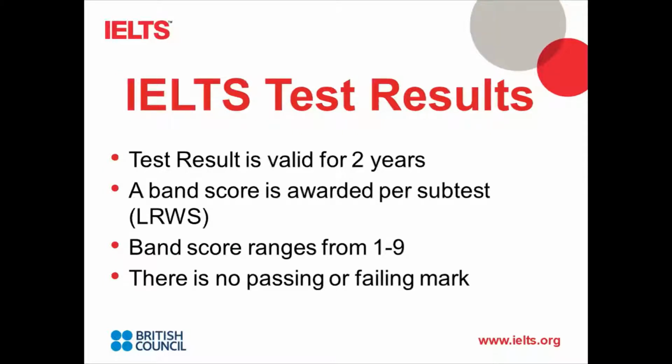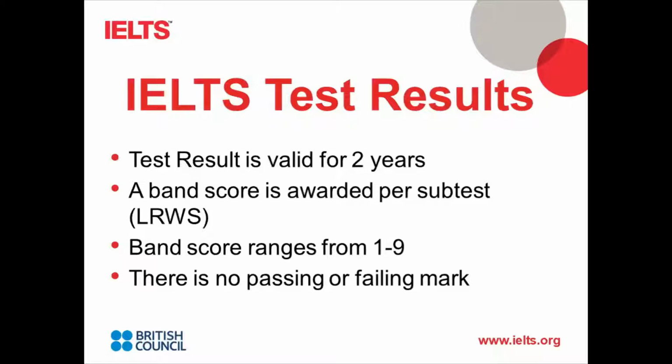The IELTS test result is valid for about 2 years from the date of your exam. There are different modules, that is listening, reading, writing, and speaking, and each subtest will have a band score. For example, if you're going to the UK, you need 7 for listening, individual 7 for reading, individual 7 for writing, and again individual 7 for speaking.